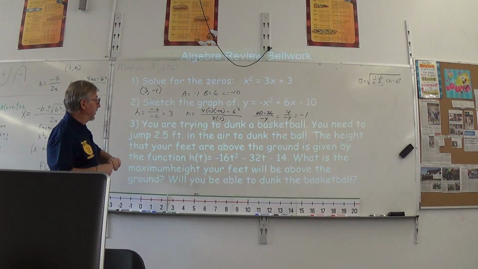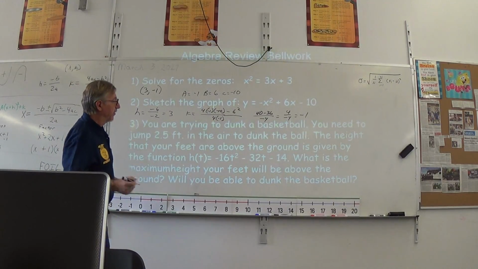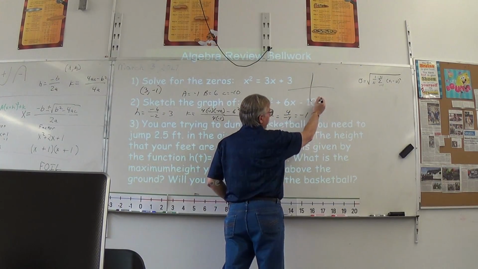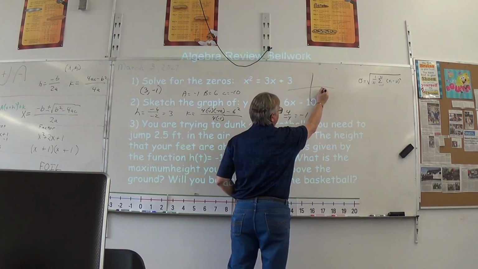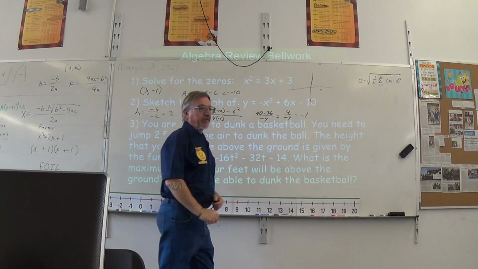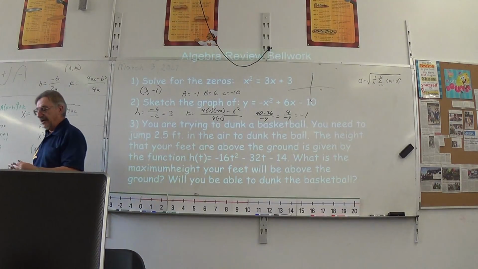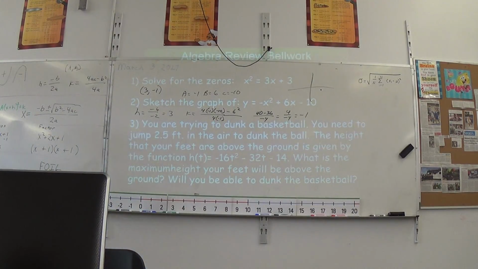So my vertex is 3, -1. If I draw a little graph here, my vertex is going to be there. I'm going to have a U or a camel hump. So am I going to have x-intercepts?